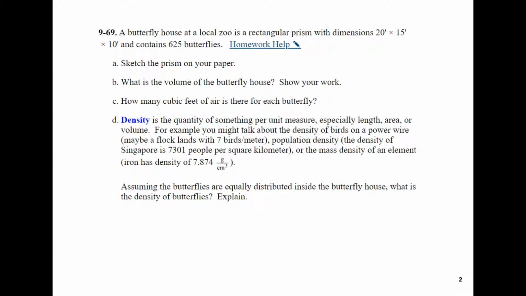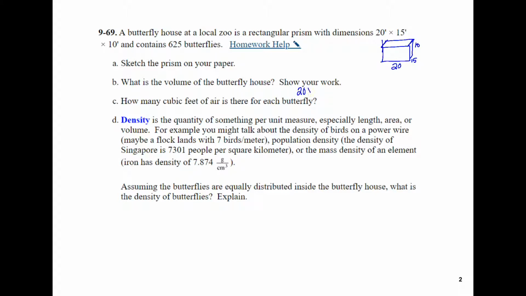9-69. A butterfly house at a local zoo is a rectangular prism with the dimensions of 20 by 15 by 10 and contains 625 butterflies. Sketch the prism on your paper, so we've done that to the right. What is the volume of the butterfly house?